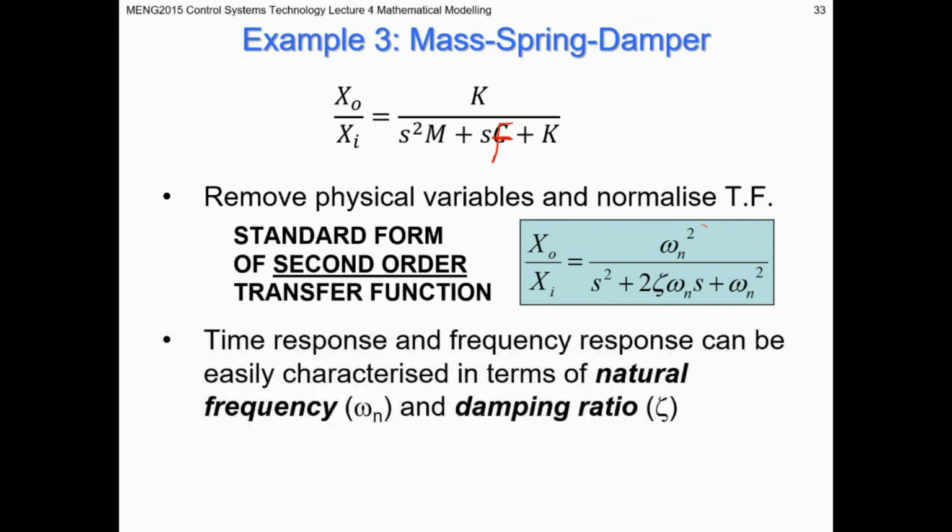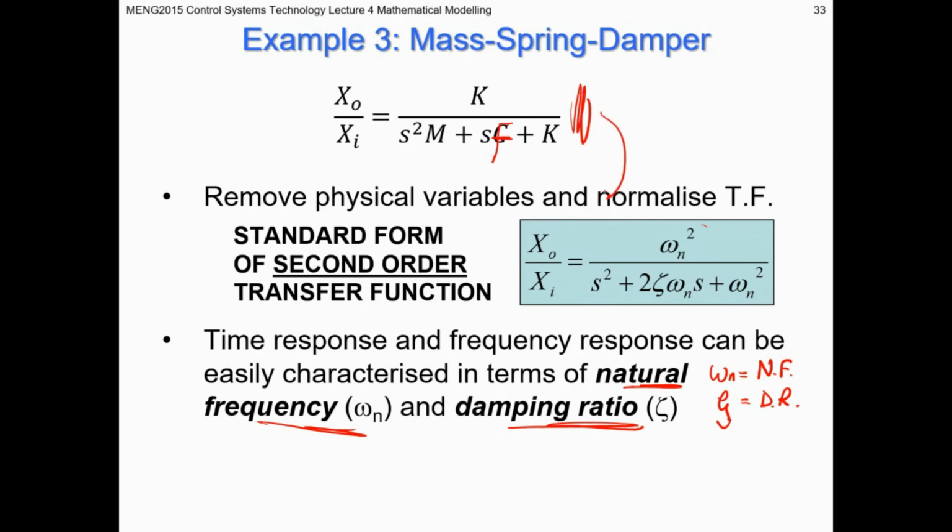And omega n is the natural frequency, as stated here, and zeta is the damping ratio. Natural frequency omega n, damping ratio zeta.